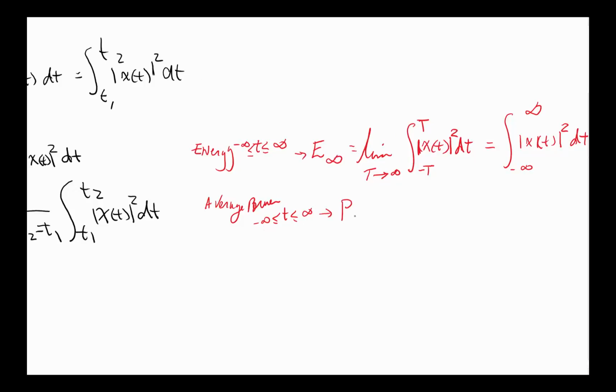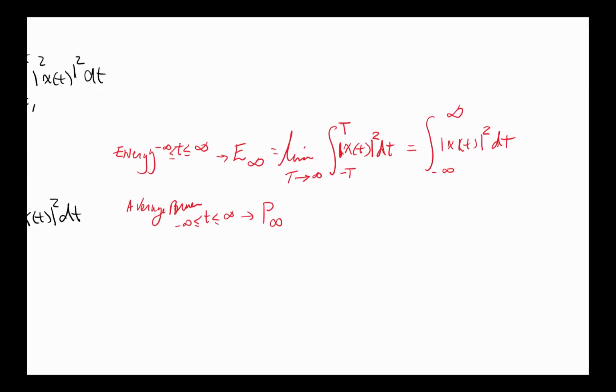So my power for infinite time is going to be equal to the limit, again, as T goes to infinity, and then we divide by the interval. This time the interval used to be t2 minus t1; in this case, it's going to be T minus minus T, which is 2T, and the integral goes from minus T to T of the magnitude of x of t squared dt.